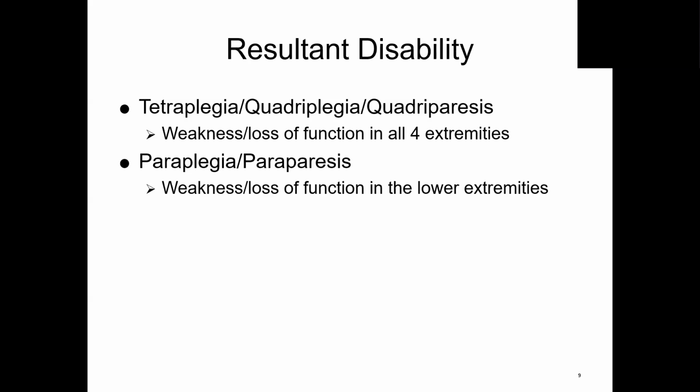The higher the injury is, the more likely the paralysis to occur. Page 896 has these in a little bit more detail as well, but basically this is the disability that results. And like I said, the higher the injury, the higher the level of paralysis.